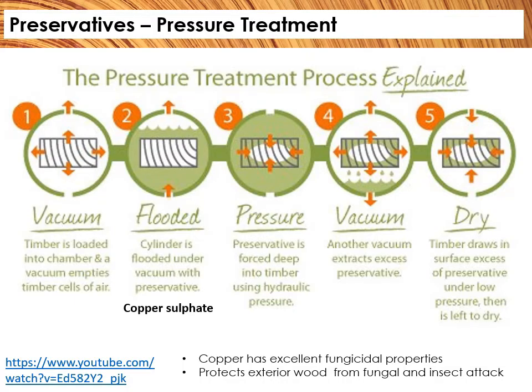Another thing to remember is that the chamber is created almost like a vacuum. The cylinder is filled with this preservative, as you can see on step 2, and the pressure that builds up inside the chamber actually forces the preservative to penetrate and go inside the wood as far as possible.